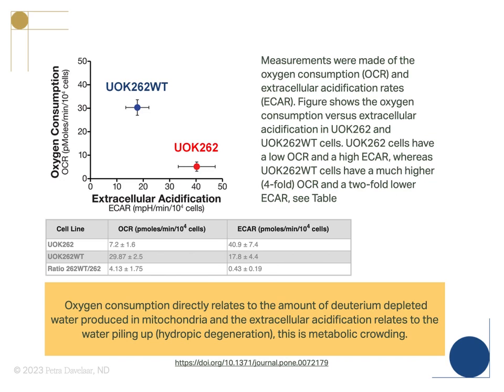Oxygen consumption directly relates to the amount of deuterium-depleted water produced in mitochondria, and the extracellular acidification relates to the water piling up, known as hydropic degeneration. This is metabolic crowding. TCA cycle metabolites back up and pyruvic acid goes down the lactic acid pathway. Again, this is the Warburg effect.